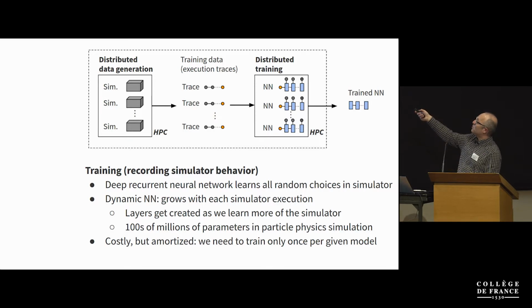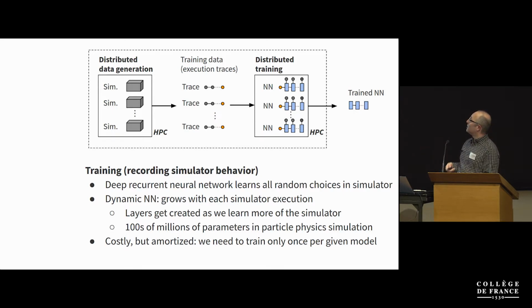So you make the observable quantity from that trace the main input to the neural network, and expect the neural network to learn a distribution under which the rest of the trace is likely. So you maximize that likelihood. And basically, the network learns to produce proposal distributions that are informed by the observable quantities that you give to it.